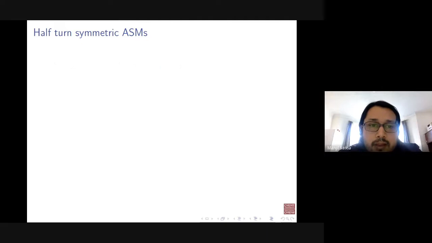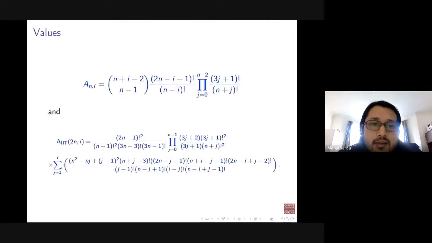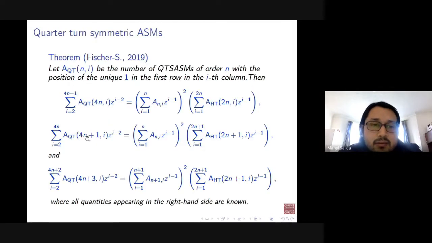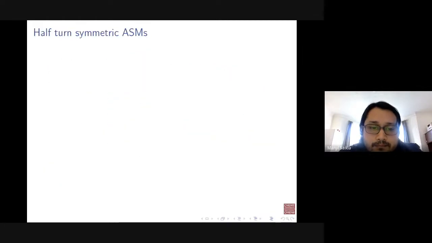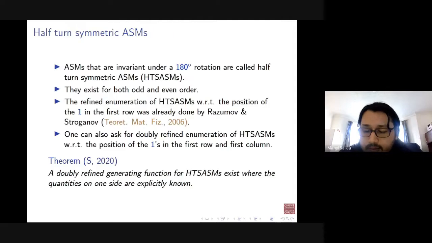If we go back just to show how this would look like, you have a generating function here, and then you write this generating function in terms of products of 2 more generating functions, where you know explicitly both of these generating functions. Anyway, so let's go to something else.